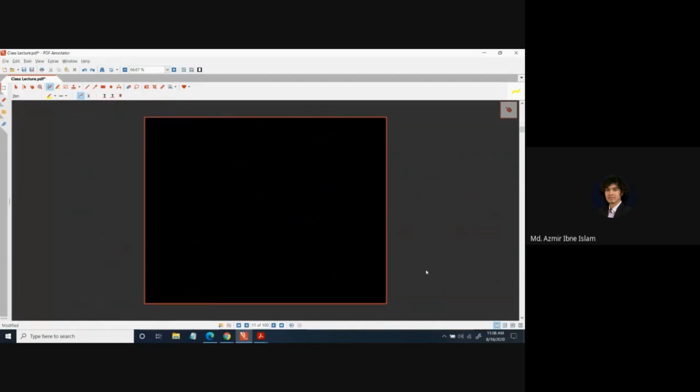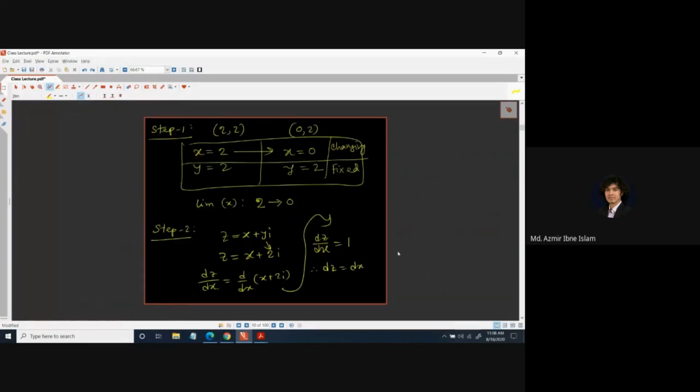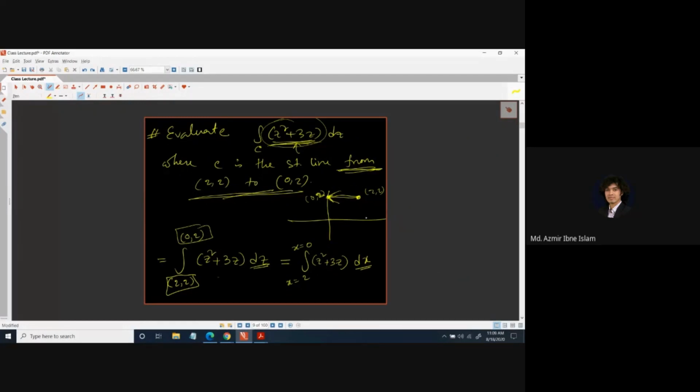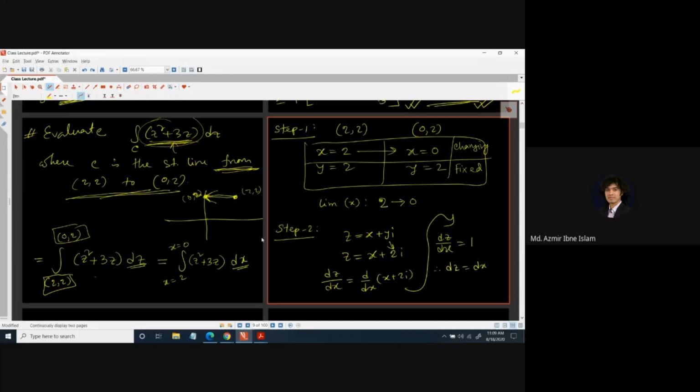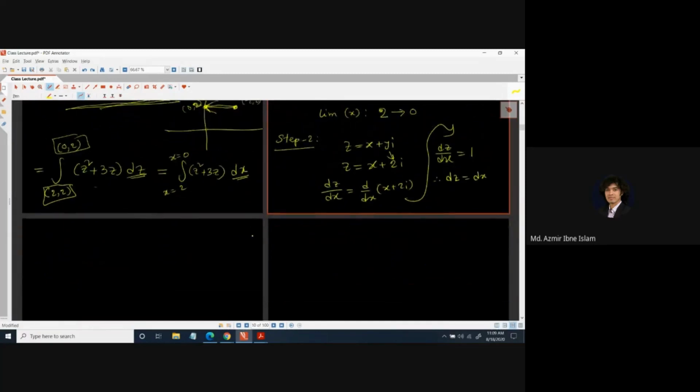So we have actually the integral from 2 to 0 of z squared plus 3z dz, and now we can write it as from 2 to 0 dx.